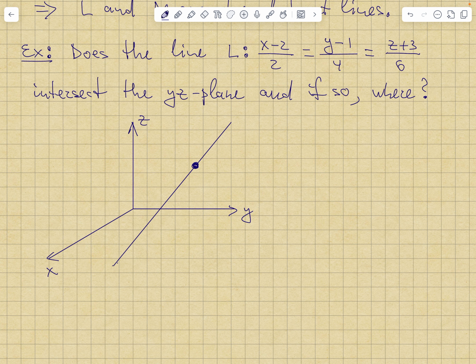Okay, so if the line intersects YZ plane, there must be a time when my particle will have its x component equal to 0. So on YZ plane, x is going to be equal to 0. Okay, so let's see where this would happen.